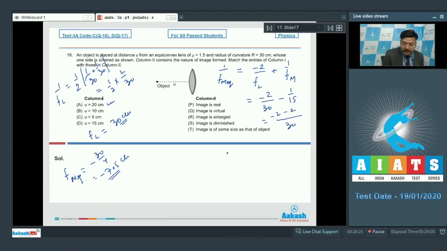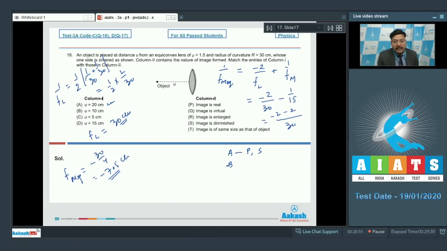So that means for A, P and S will match, and for B, when u is 10 centimeter, the object is between the focus and center of curvature for a concave mirror, and in that case we know image is real and enlarged.